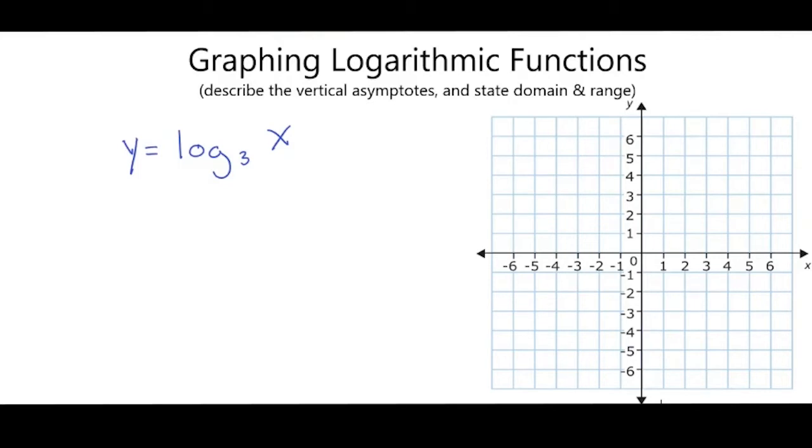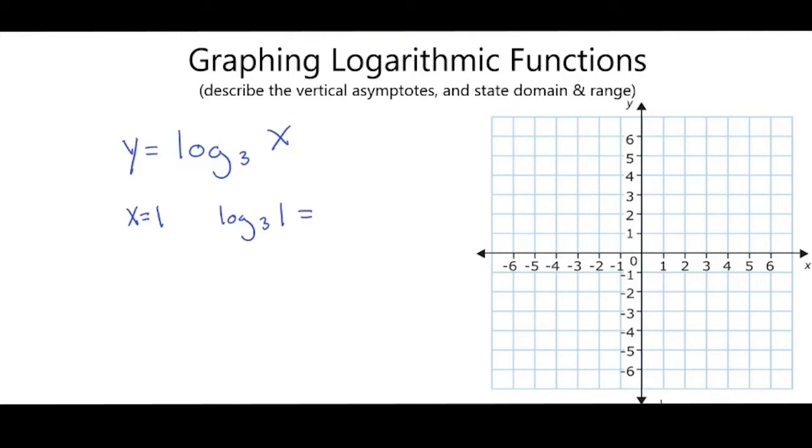So remember that there's a couple of shortcuts. I'm going to show you a couple of shortcuts here, how to graph this, okay? We all love shortcuts. So let's let x equal 1. And let's see what y is when x equals 1. Well, that would be log base 3 of 1. So the question is, what power do I raise 3 to get 1?